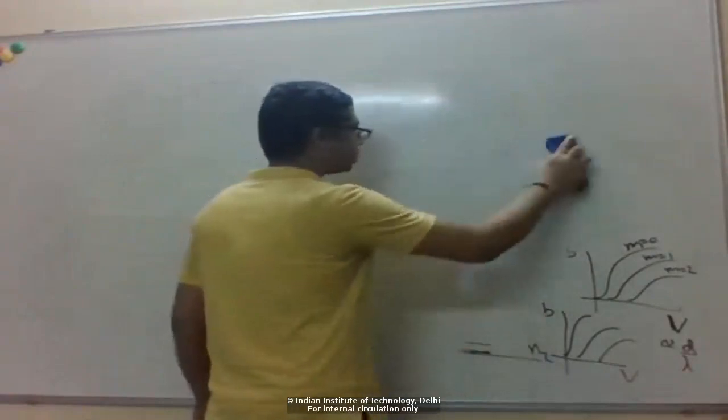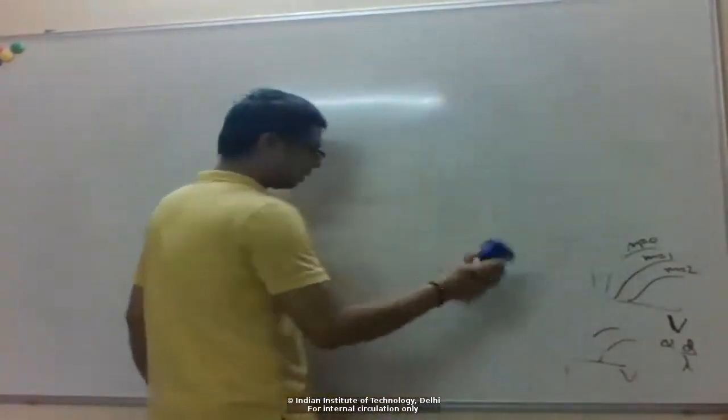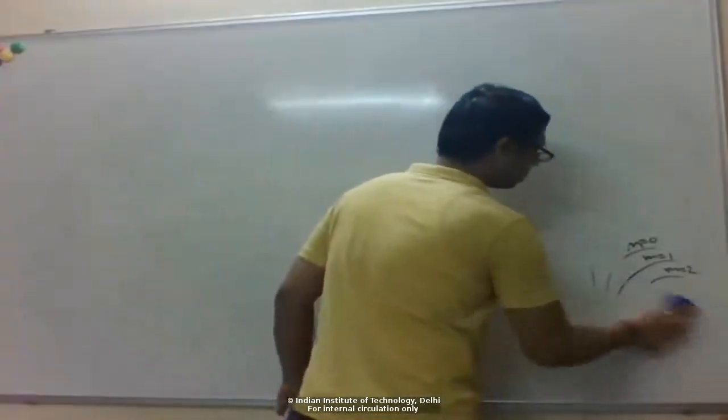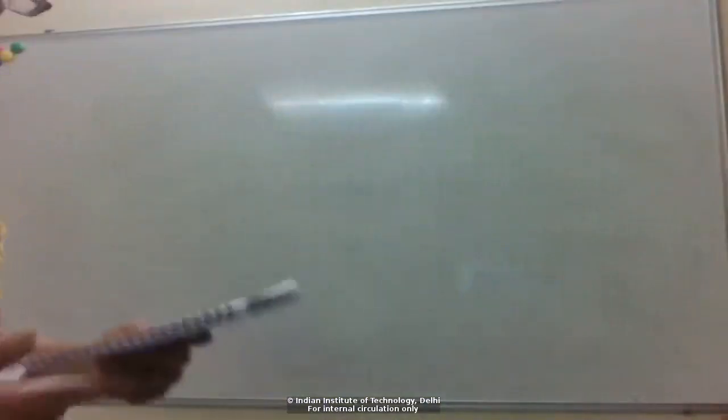Don't take whatever I've written on the board as sacred. It's not. I could make mistakes while writing. So either you point it out in the class itself while I'm writing, or go back and go through your notes carefully. That also helps you.